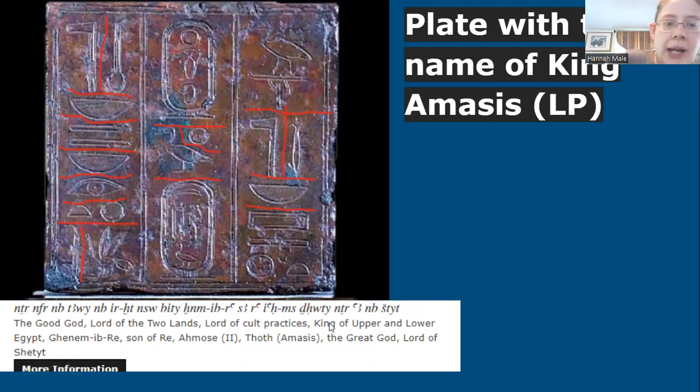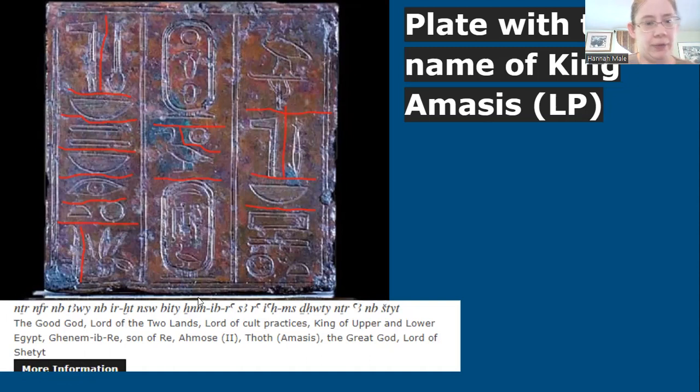And then you have King of Upper and Lower Egypt, which is this Neswy Bidi chunk here. So another common ruler title that you see. And then you go on to this next register here.